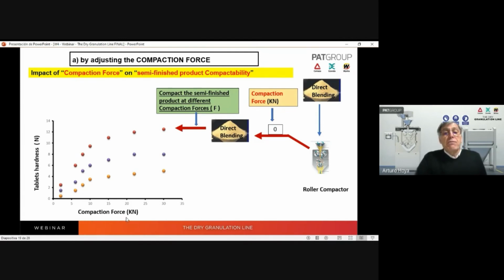and this is the dependence of tablet hardness against compaction force. But what happens if this direct blending is compacted with 800 kilonewton? Well, we obtain this kind of granules, but this kind of granules has a different compaction profile, lower than the first.